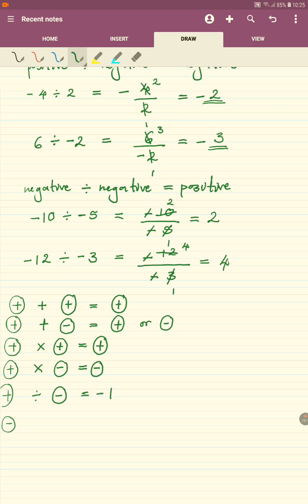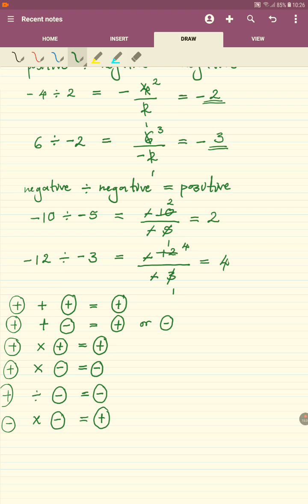Negative multiplied by negative gives your answer as positive.